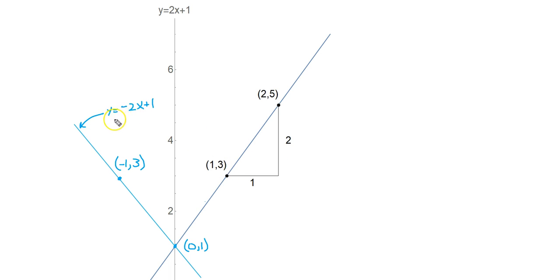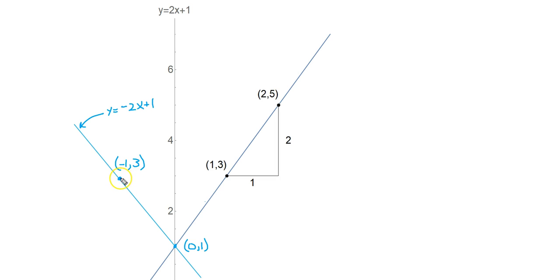So here we have the graph of y equals negative 2x plus 1. You notice we have 2 points on the graph, negative 1, 3, and 0, 1. Notice if we put negative 1 in for x, we get back 3 for y. And if we put 0 in for x, we get back 1 for y.